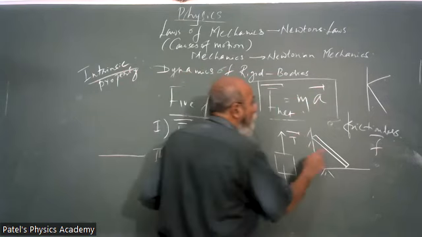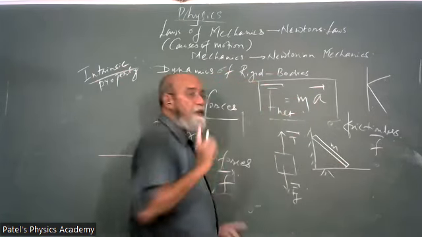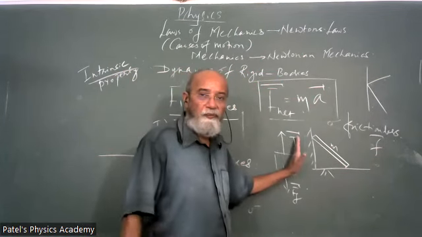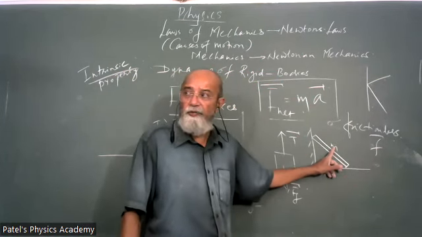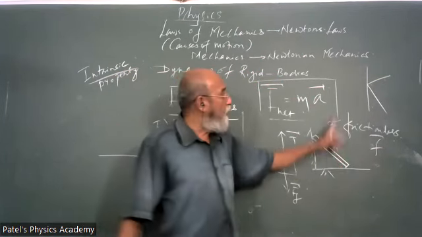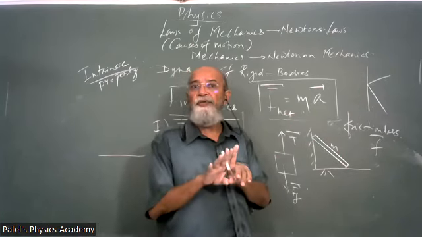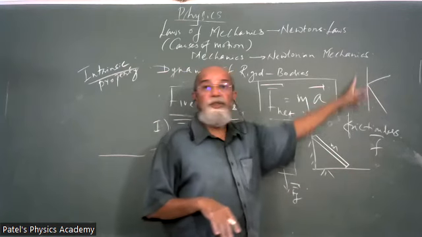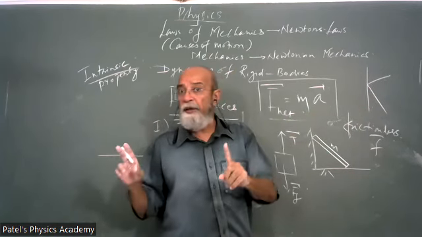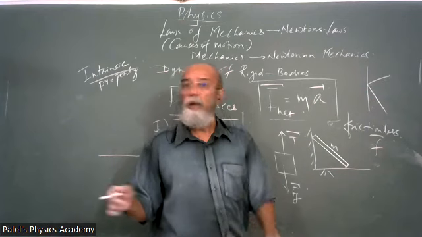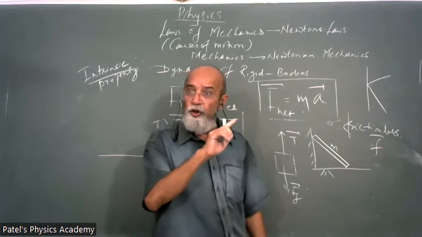Because my fellow of interest is the ladder, not the wall. So I'm going to show all the forces on my ladder. Then how do I show it here? Look at the contact surfaces. There is a corner, there is a straight member. Look at the straight member and draw a force normal to that.